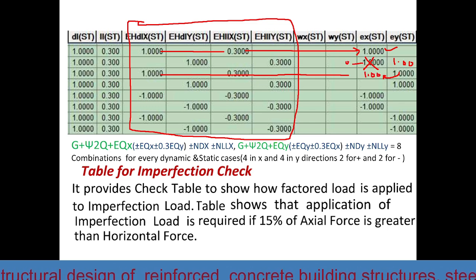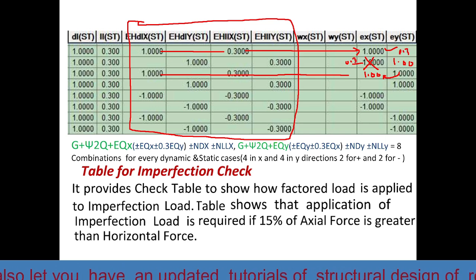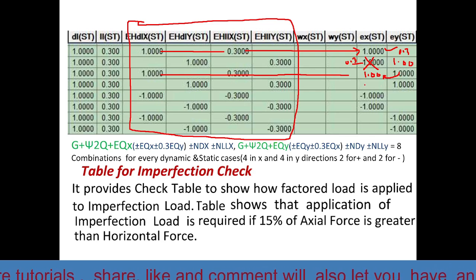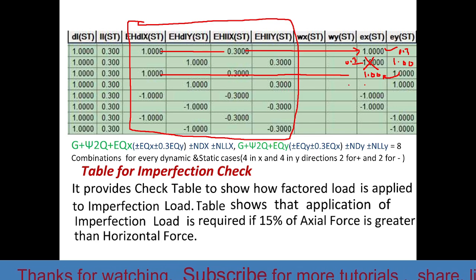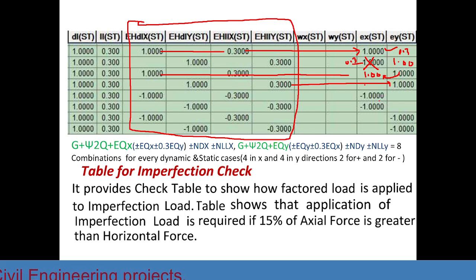So this must be 0.3 instead, and here 0.3. And when we come to here also, the notional load in y direction, this is okay. That is, it has to be combined with the seismic load in y direction.